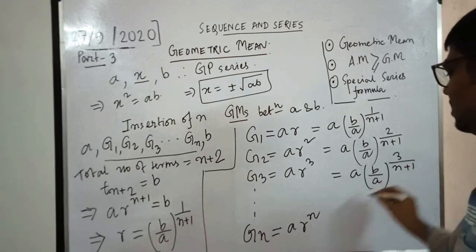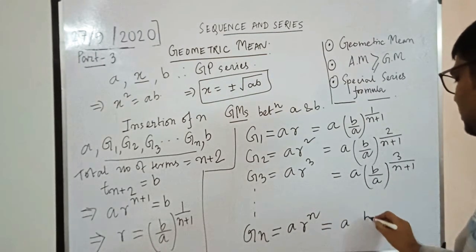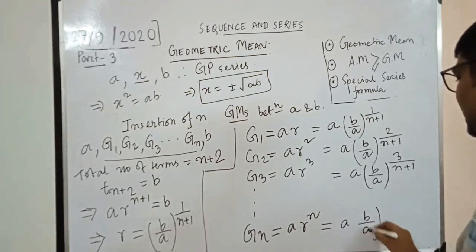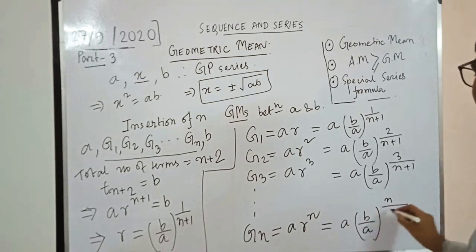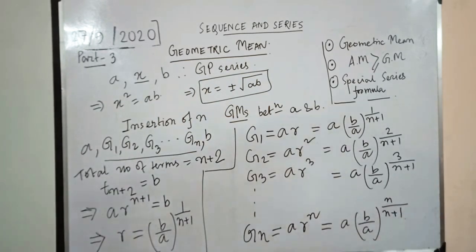So this is how we can find out. And gn will be a into b by a to the power n by n plus 1.